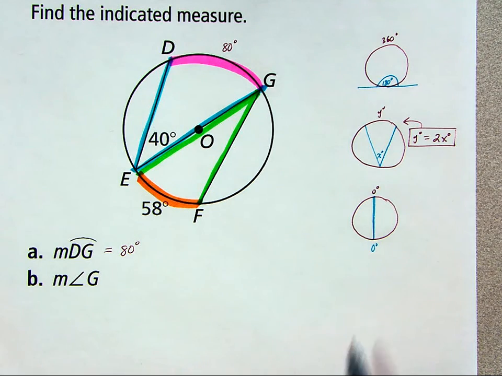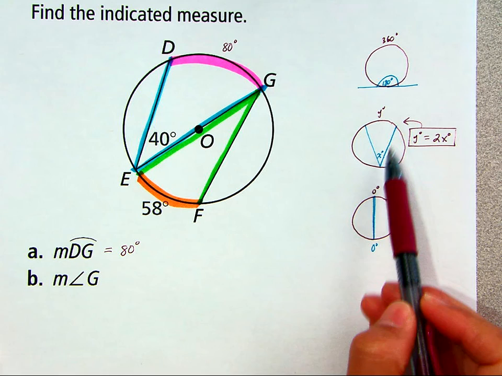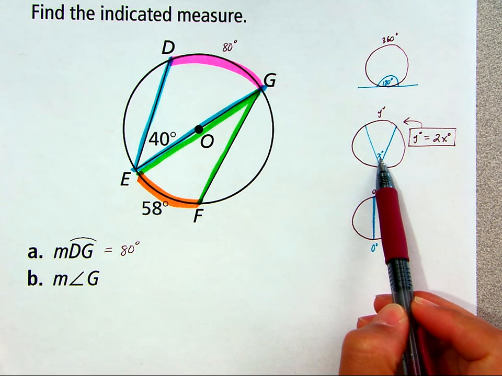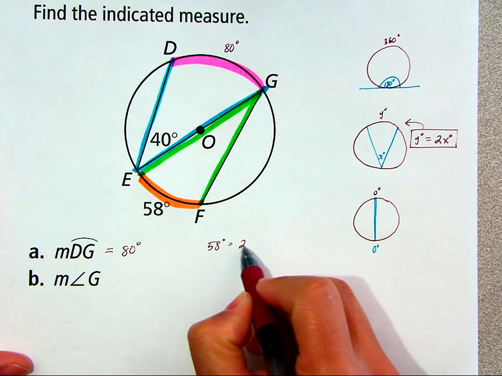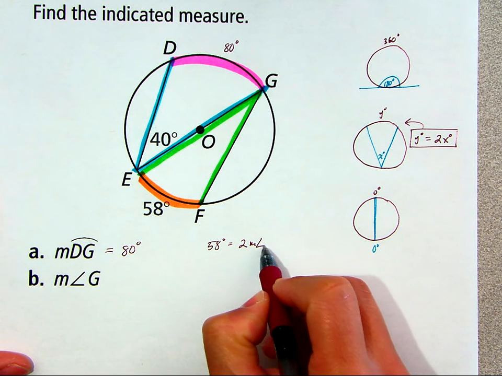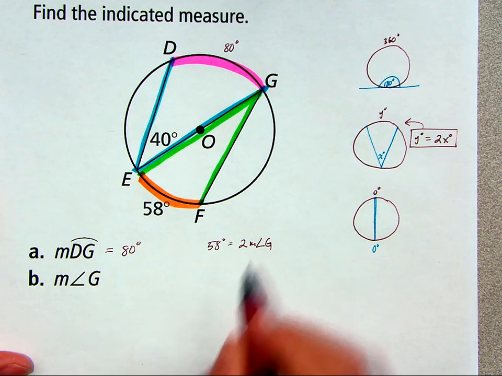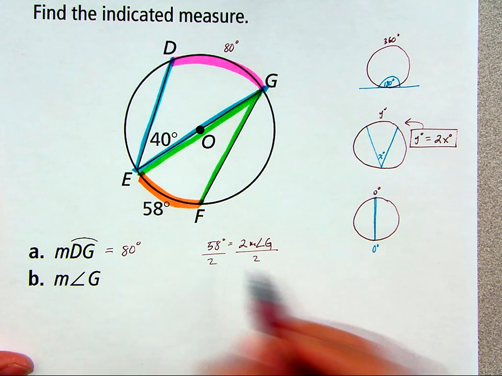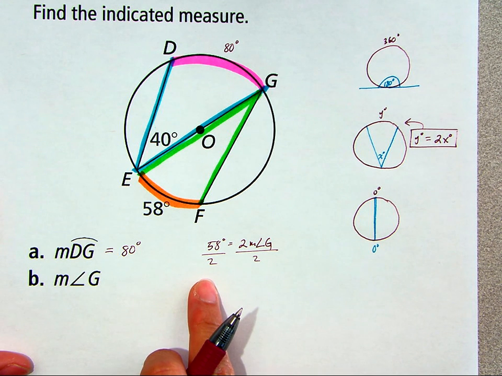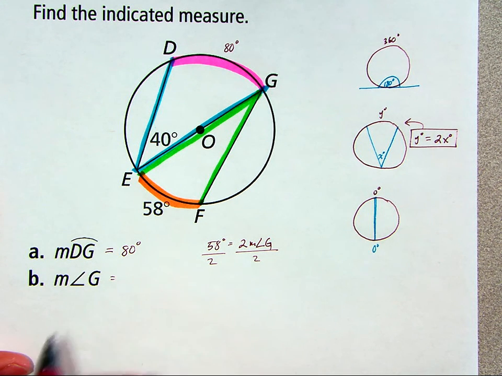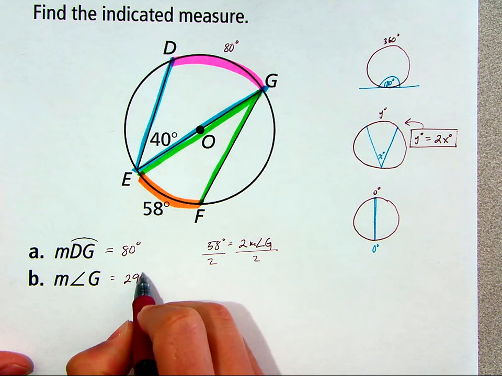Okay. So the arc measure is twice the inscribed angle, right? So we could say 58 degrees is 2 times the measure of angle G. All right, so divide both sides by 2, and you would get, what, 29, right? So the measure of angle G would be 29 degrees.